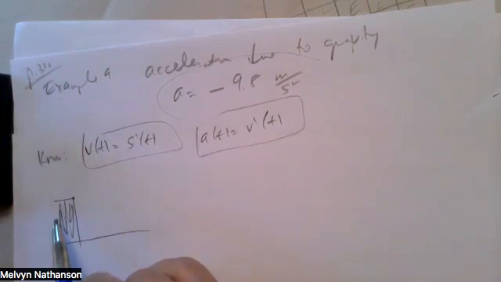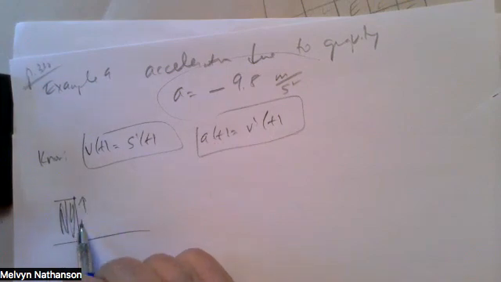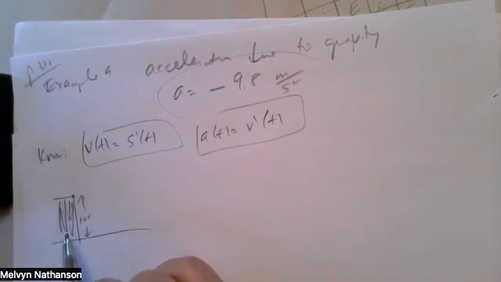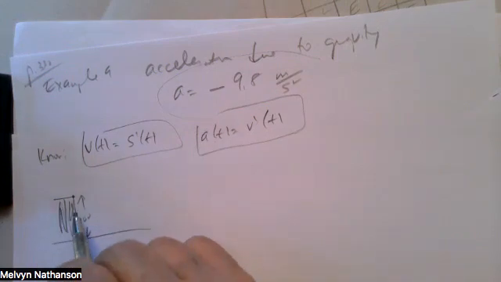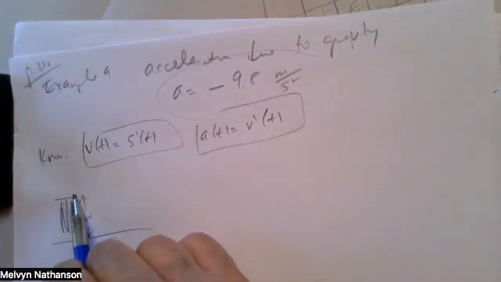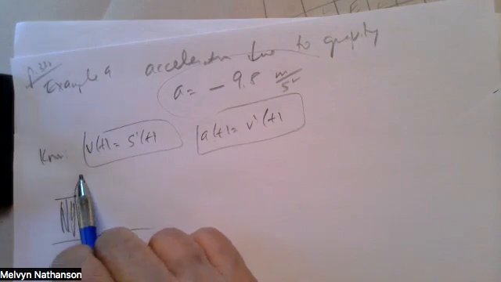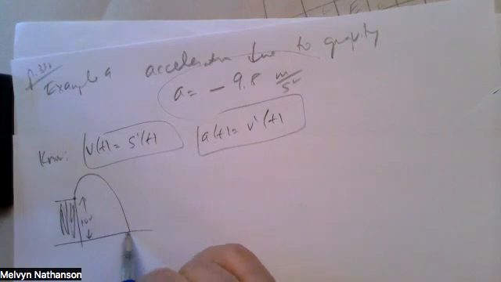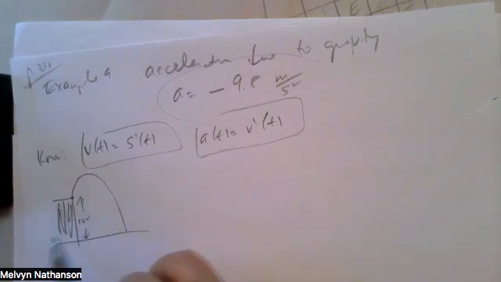So in this problem, we're at the edge of a cliff, and the cliff is 100 meters high, and we toss a stone vertically upwards. So it goes up, and then gravity pulls it down, and eventually it hits the ground.